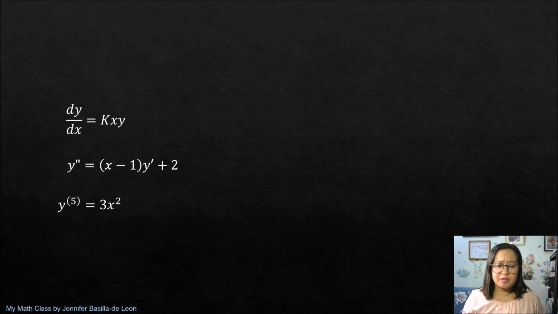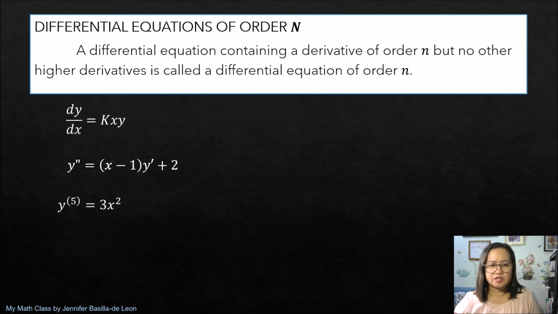Differential equations may come in different forms, such as what you see on the screen. These are differential equations of order n, which is defined as a differential equation containing a derivative of order n but no other higher derivatives.